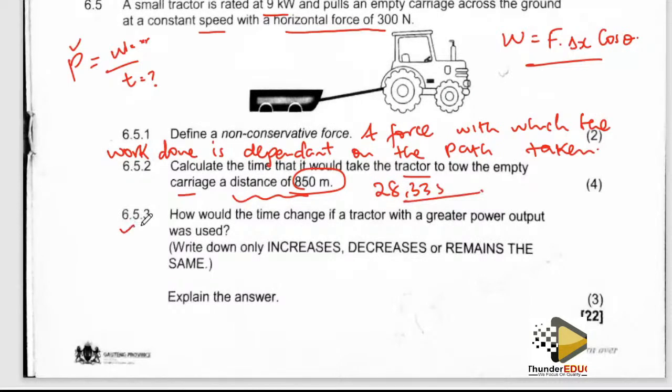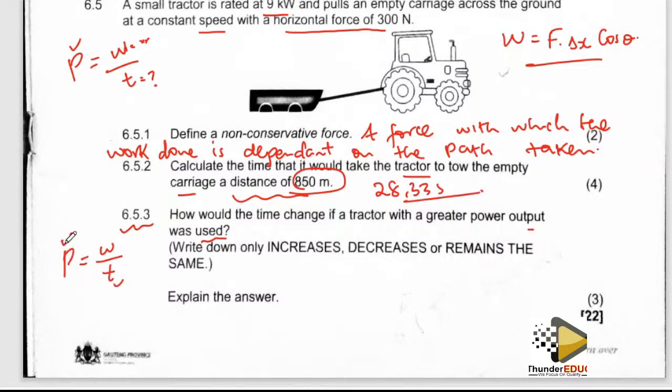Then 6.5.3, how would the time change if a tractor with a greater power output was used? Remember, power is work done over the time. So we can see that power is indirectly proportional to the time.